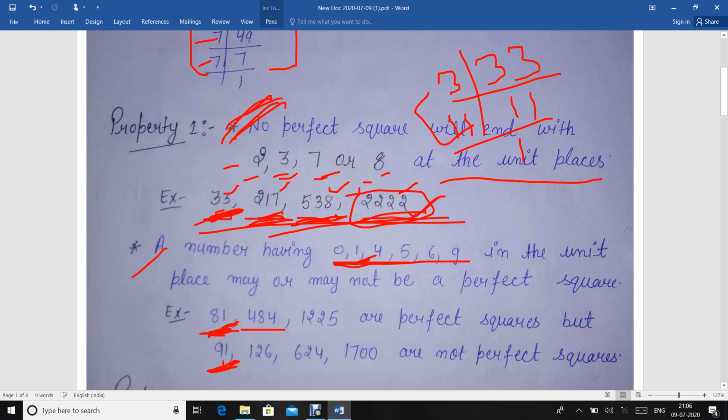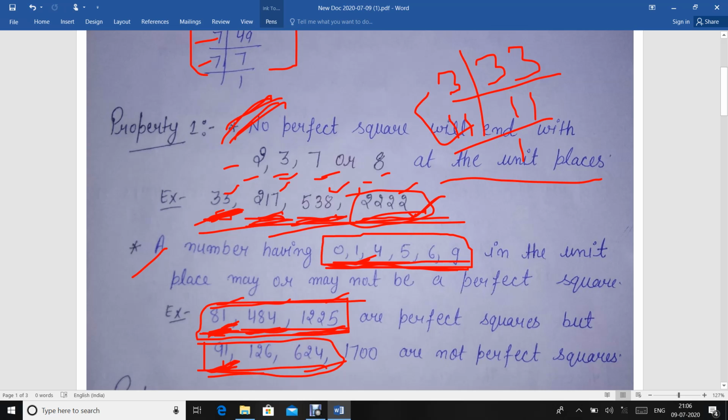The next is 144, which is also a perfect square. 1225 is also a perfect square. You can do the prime factorization of all these numbers, and you will find that some of these numbers are perfect squares and some are not, even though they contain these digits in the unit place.